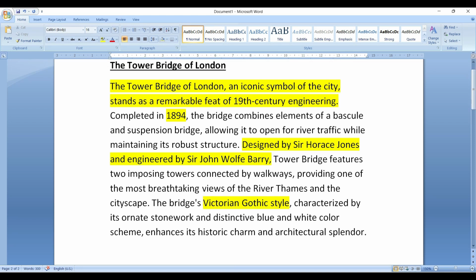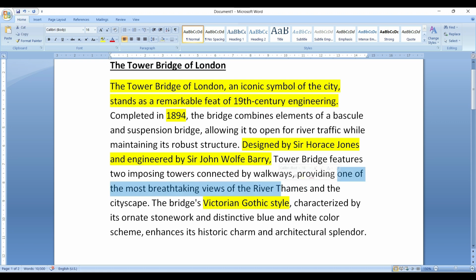We know that we follow the order of the text. We finished up until here. Here we know that it talks about designers and engineers. We're moving on. And here we are, providing one of the most breathtaking views of the River Thames. It does provide a breathtaking view, but does it provide the most breathtaking view in London? No. One of them.